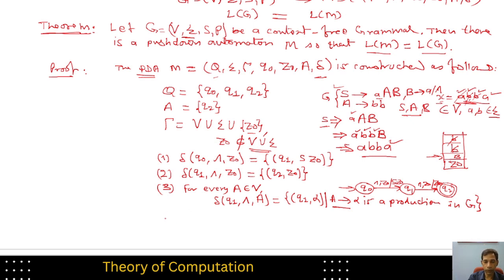So the fourth transition rule will be, for every A belongs to sigma, what we need to do? For every A belongs to sigma, delta of Q1, A, is equal to, you remain in the same state, you are in Q1 and you are going to delete it.